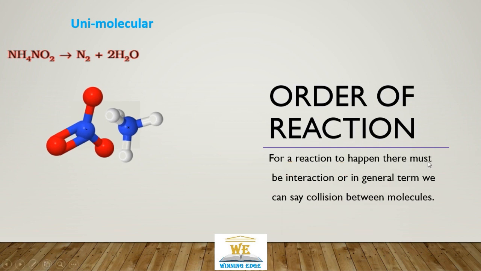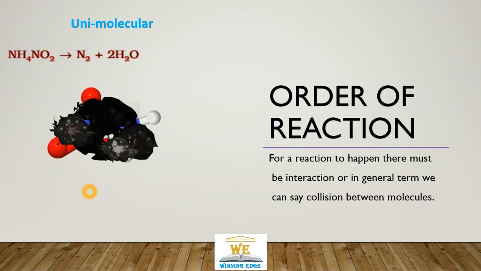For a reaction to happen, there must be interaction or collision between molecules. Only then can the reaction proceed. Like here we are having a decomposition of ammonium nitrate that decomposes to give us nitrogen and water.